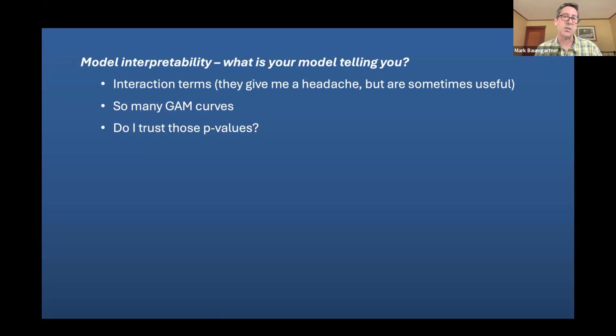Having a whole bunch of interaction terms can often make the results very difficult to interpret. It's the technique du jour of generalized additive models.